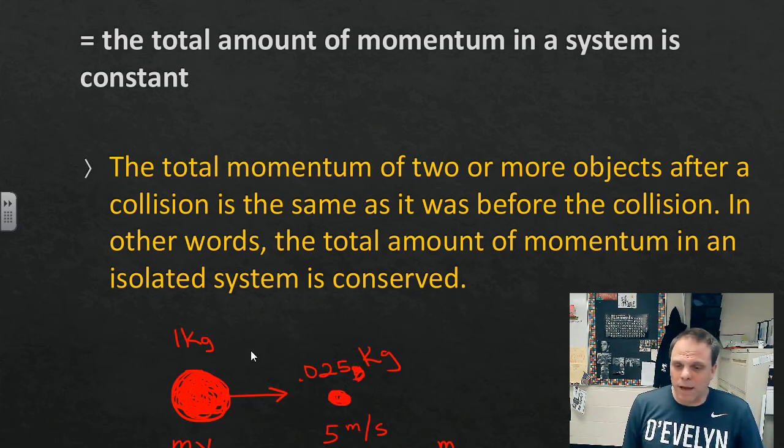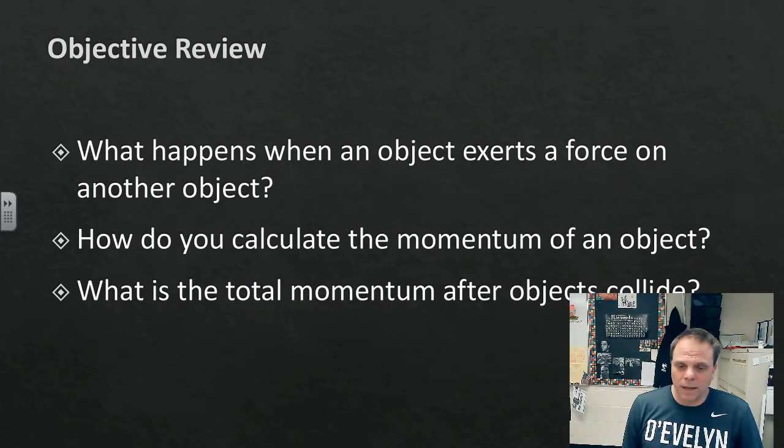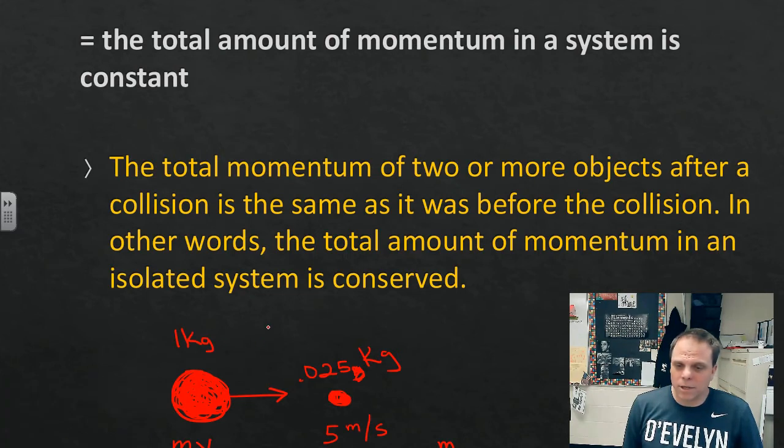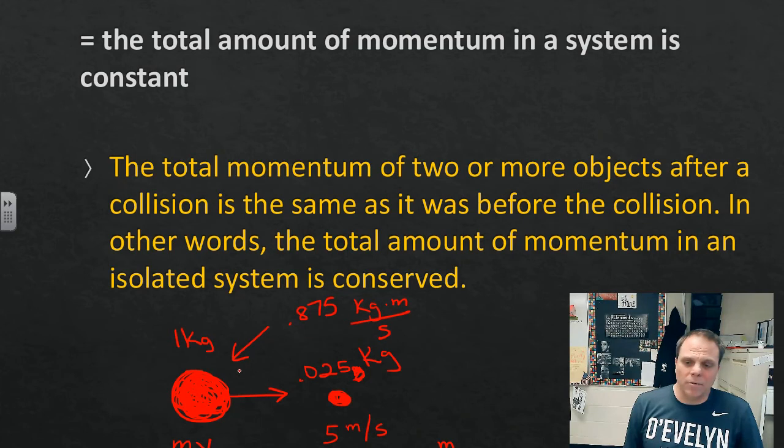That means the momentum after they collide, you're still going to have 0.875 kilogram meters per second of momentum in that original billiard ball as it's moving.